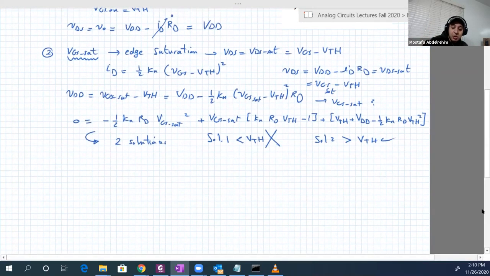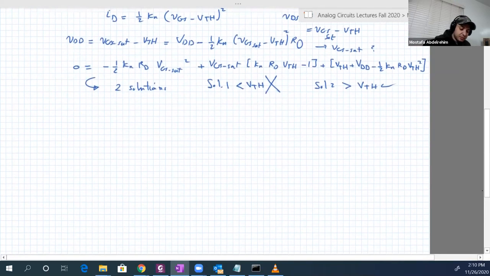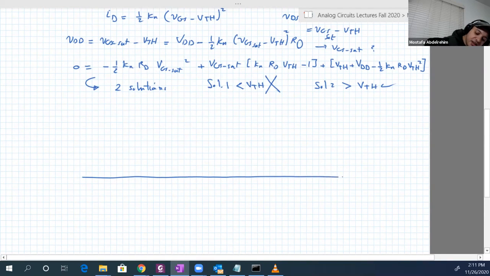But basically, what we will get is the relation between VGS, or V input, and V output, which is VDS, something like this. So we have two transition points.